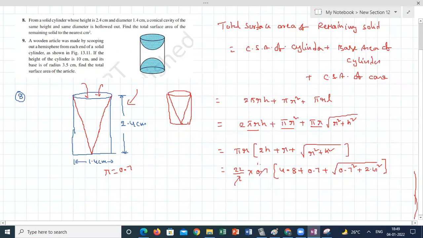This is 10 times, so 220 into 4.8 plus 0.7, which is 5.5, plus root of 0.7 square, which is 0.49, plus 2.4 whole square. What is the value of 2.4 whole square, students? That is 24 square, you know it.